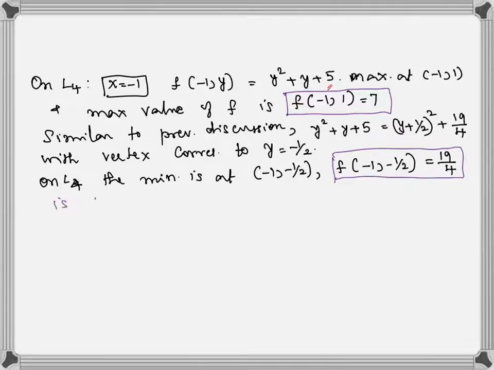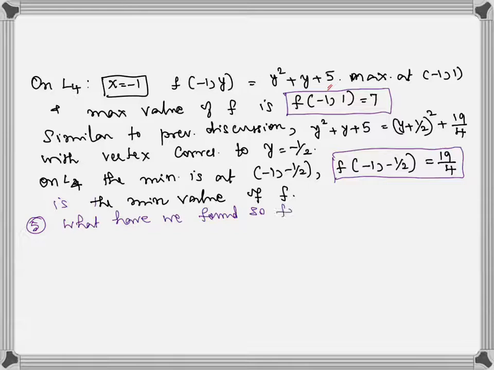Now we have to make a conclusion, and we have to decide which one is the maximum, which one is the minimum. So what have we found so far? f at the critical point (0, 0): f at (0, 0) is 4.